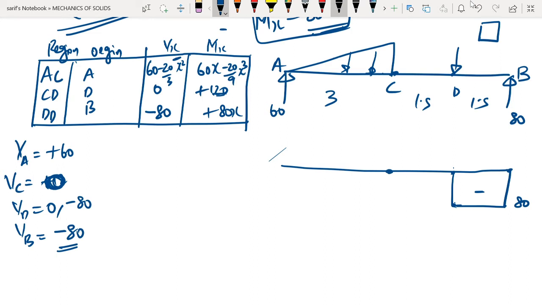In the region CD the shear force is 0, so till here it will be 0, and at A the shear force has a value of plus 60, so this value is 60. In the region AC shear force has a quadratic variation. This is the shear force diagram that we have.